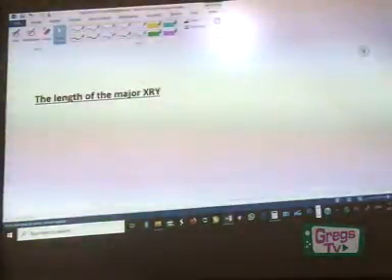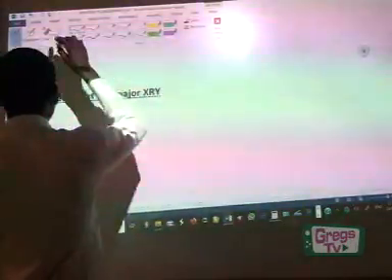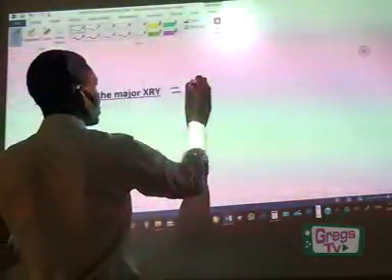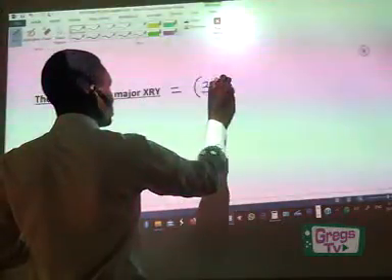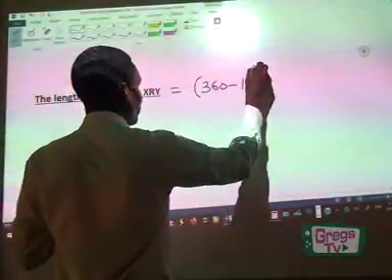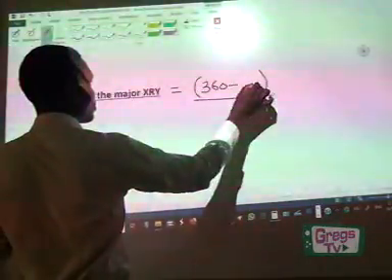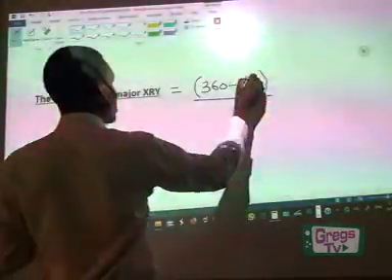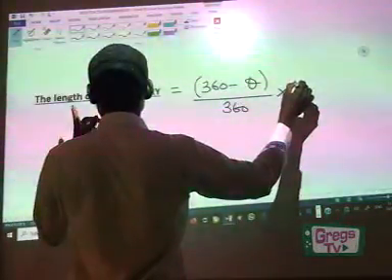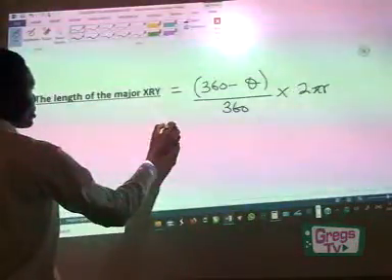That will be the length of the major arc. The length of the major arc, since the angle given to us is that of the minor arc, then what we are going to do here is our theta will be 360 minus 150, what we're given, times 2 pi r over 360.